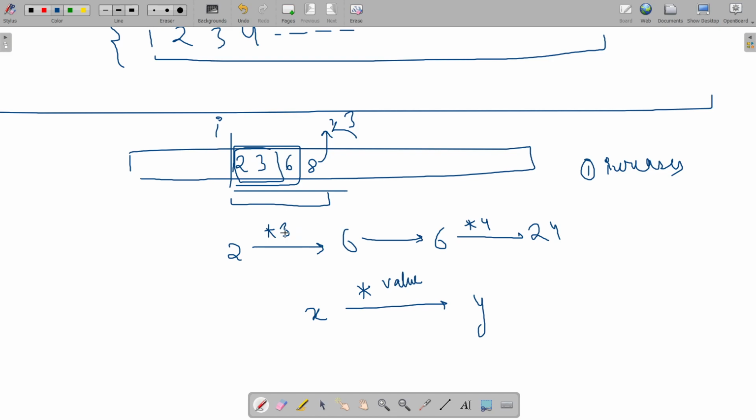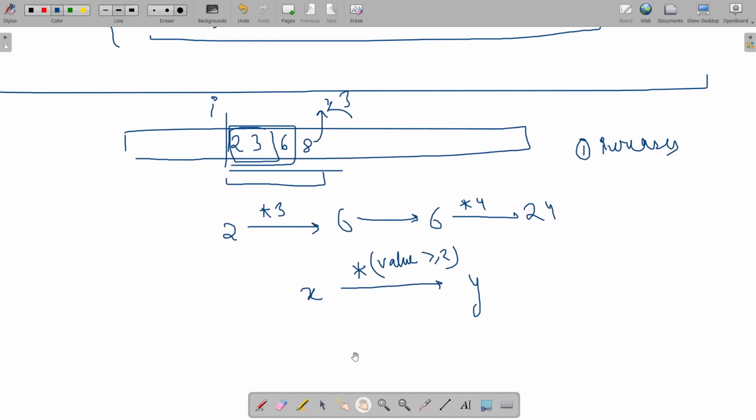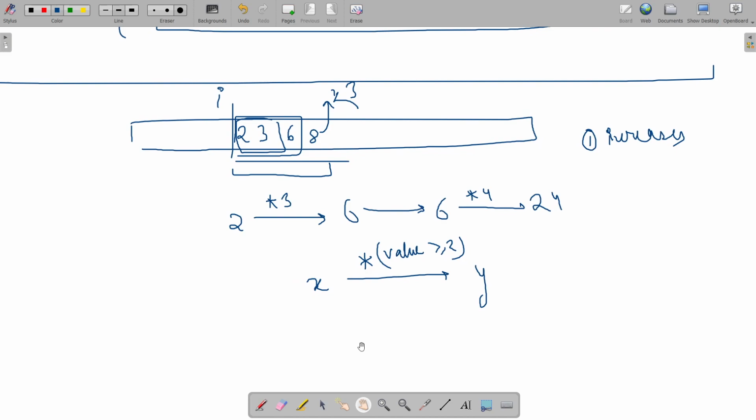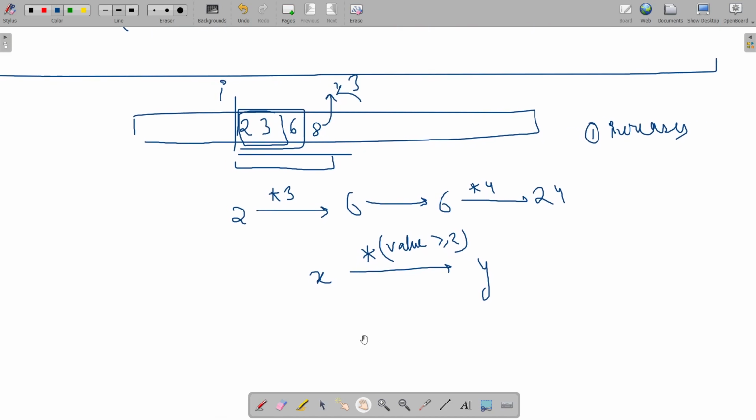Here it is multiplied by 3, it is multiplied by 4, it is multiplied by some value which is greater than or equal to 2. I hope it is obvious why that happens. Suppose this was your original segment and the LCM was something like 2 to the power p into 3 to the power q into 5 to the power something else, and all the primes basically have some powers.